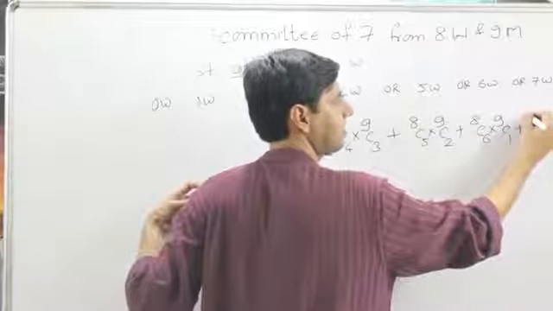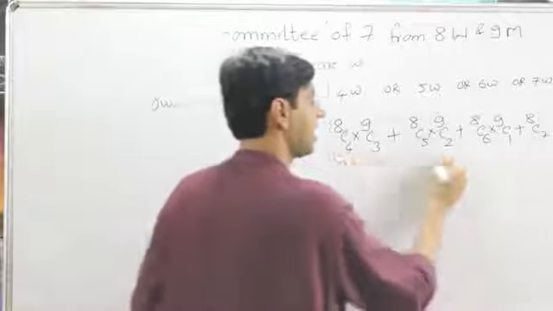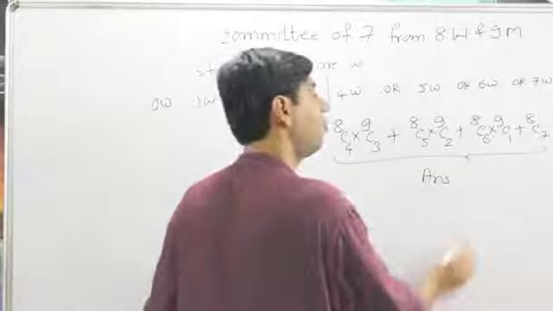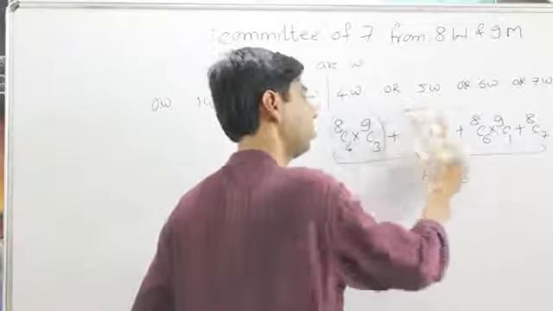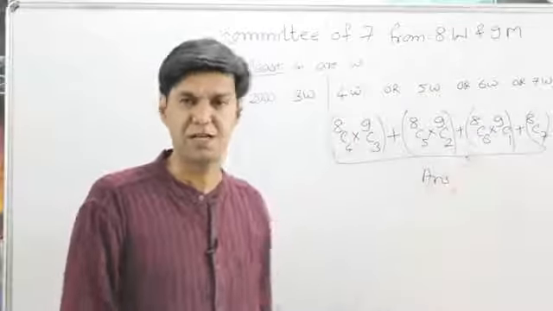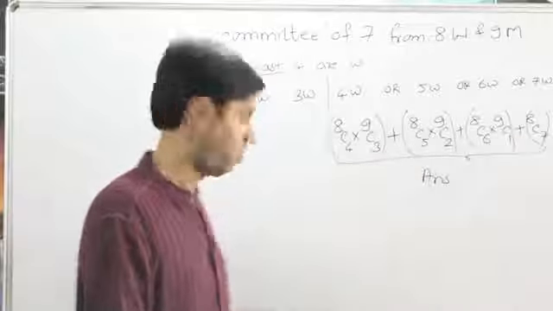This is the correct answer, and I repeat, there is no other way other than writing this whole expression. Would I need to calculate this? Not really. Mostly the options will be in this format itself, so you don't have to calculate as such. But you cannot avoid writing this.